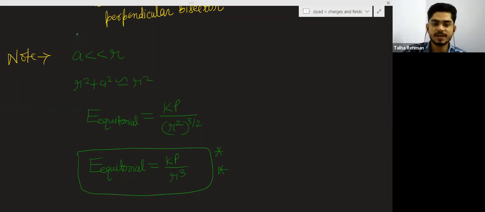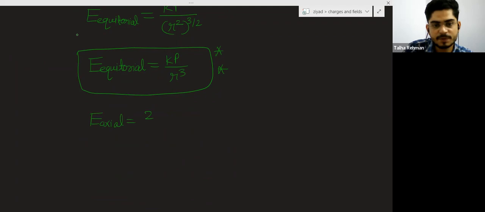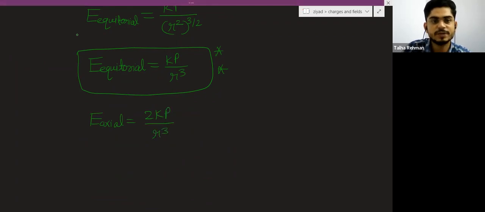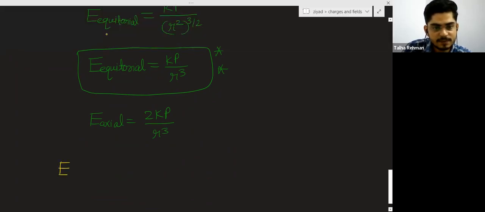So this is the formula that you should learn for the equatorial point. And earlier we have got E axial. What we have got? E axial is 2 Kp by r cube. So from here we can say that E axial is equal to 2 times E equatorial.